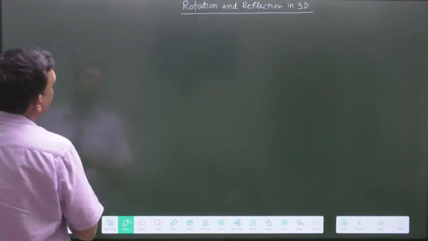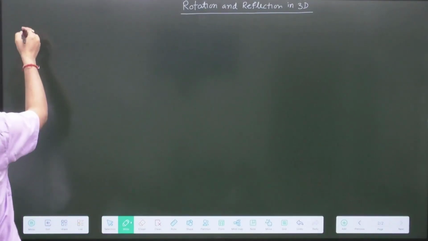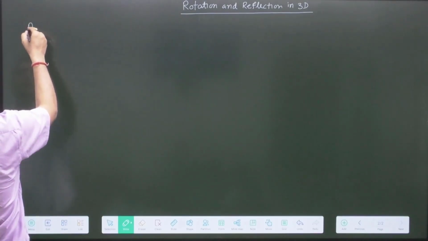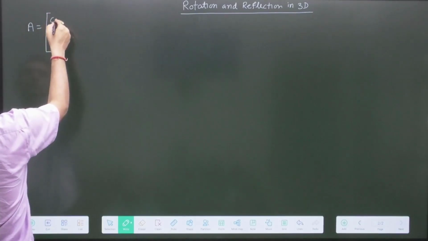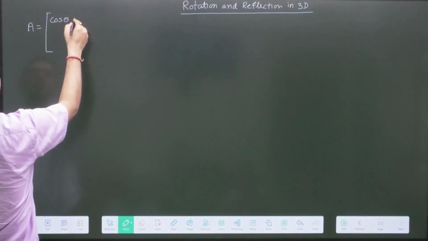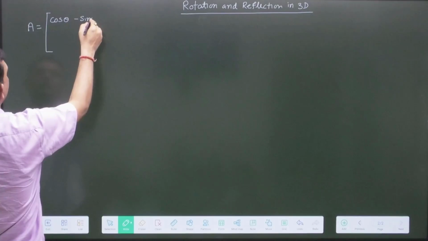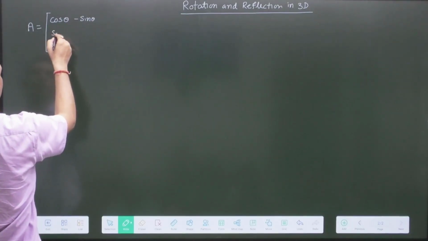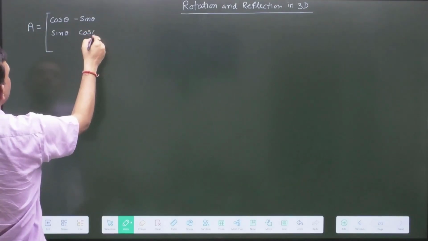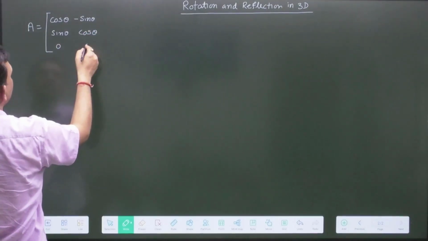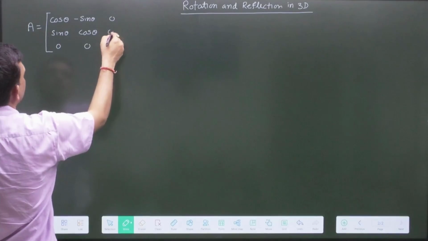So let's consider a matrix A. We have a matrix A, that is, cos theta, minus sin theta, 0; sin theta, cos theta, 0; and 0, 0, 1.